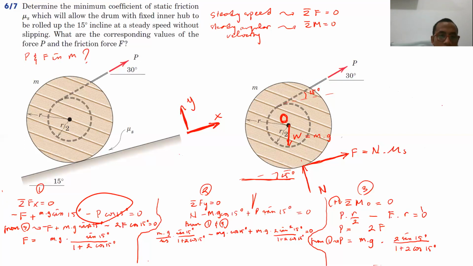From those equations, we can see here that we have F as our unknown. Beside that, we have as well P here as our unknown.